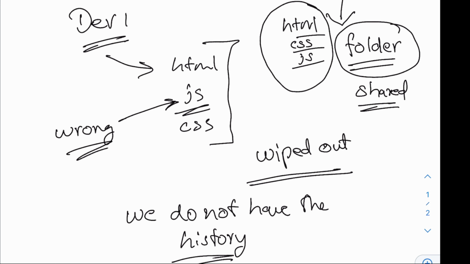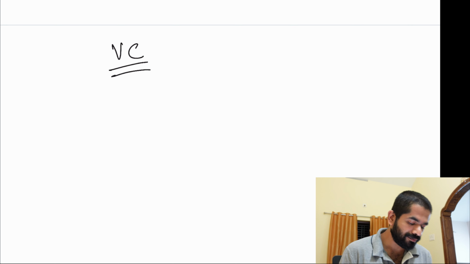Now, how can we solve this problem? That's where we come to something known as version control. So what does version controlling do? Let's take a look at that. Let's say we have something called version controlling, or VC.